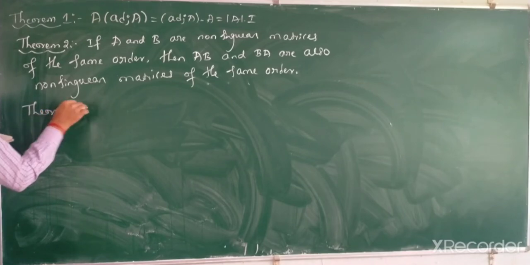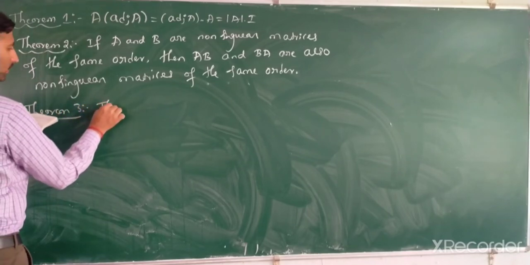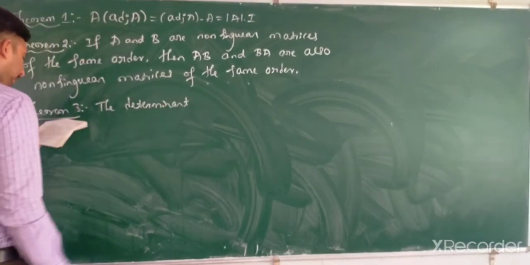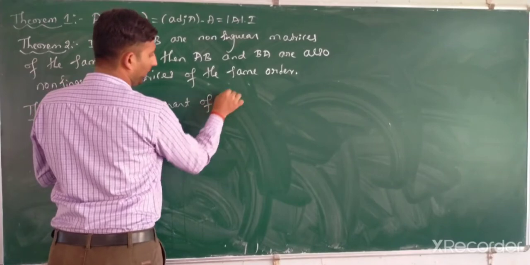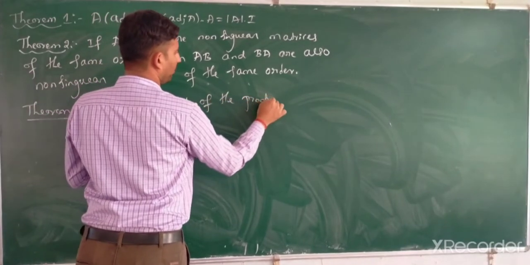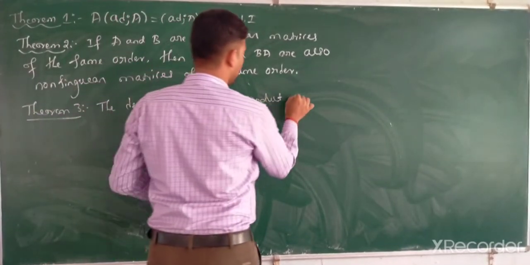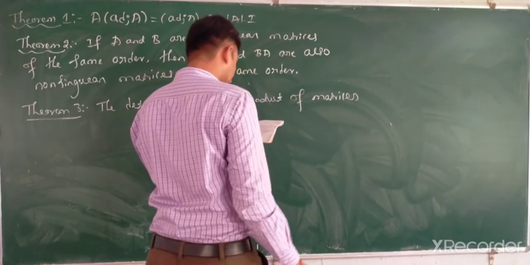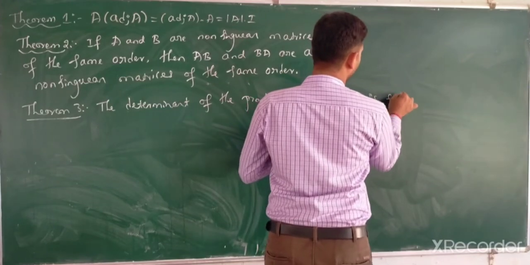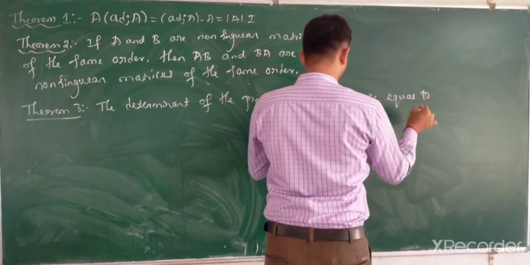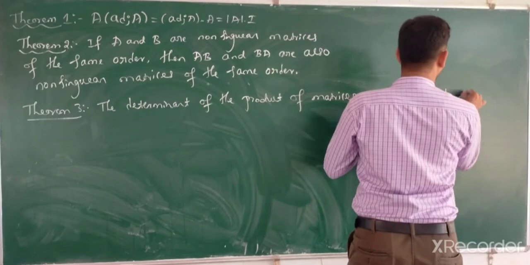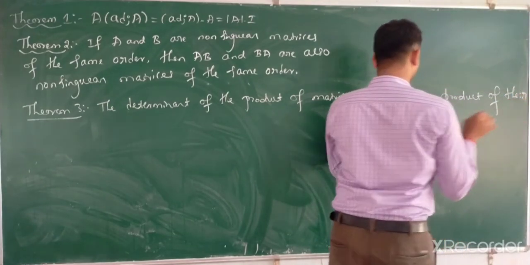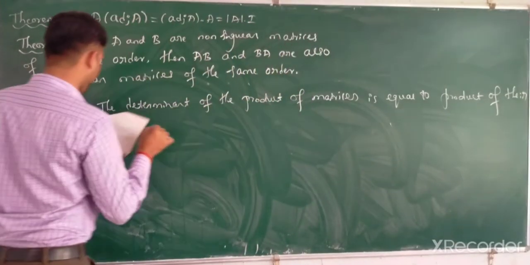Theorem number 3: the determinant of the product of matrices is equal to the product of their respective determinants.